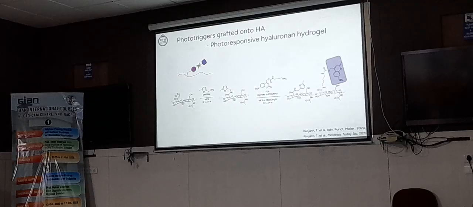So we needed first to functionalize the hyaluronic acid. We also cross-linked the hyaluronic acid afterwards, and we attached the photo cages. So what we end up with is a hyaluronic acid where we have functionalities that we can use for cross-linking, and we have this functionality, the coumarin cages, so that we can activate it.